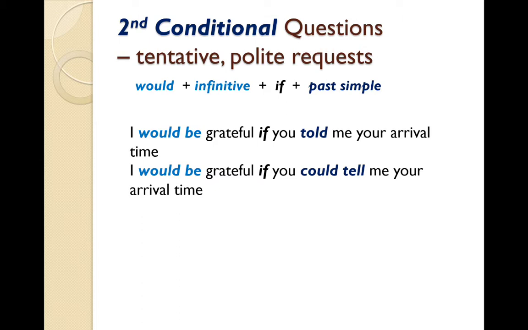Now, it's very natural in this polite request situation to say, if you could, and then the infinitive. And here, although we are making a request, grammatically, it's not a request, it's a statement. So you don't use a question mark. There is no question mark here.